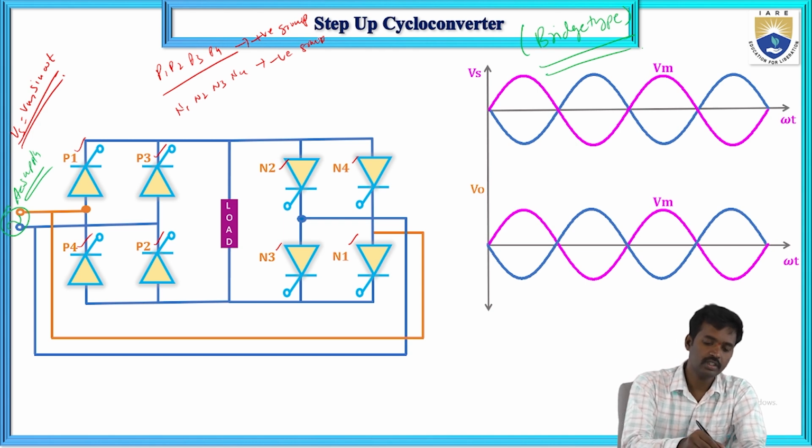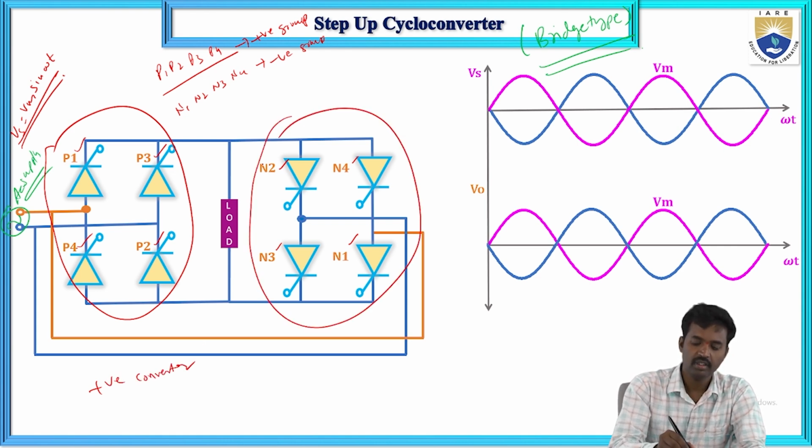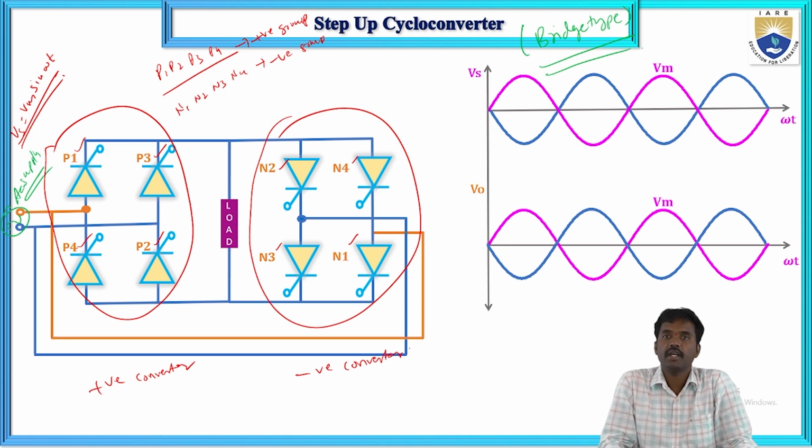So this one is the positive converter and this one is the negative converter. These two converters, positive converter and negative converter, are connected back to back. So this is the bridge type cycloconverter.